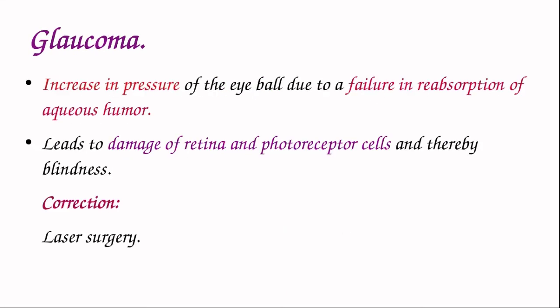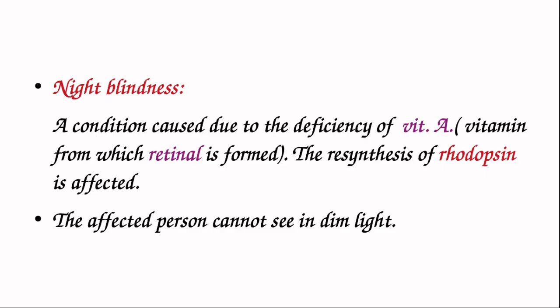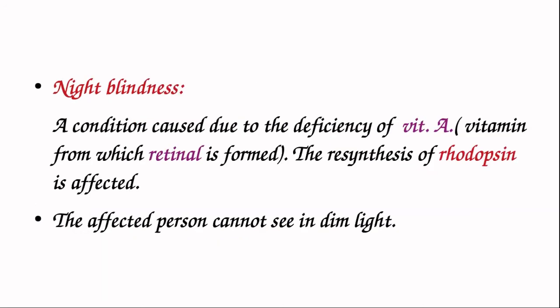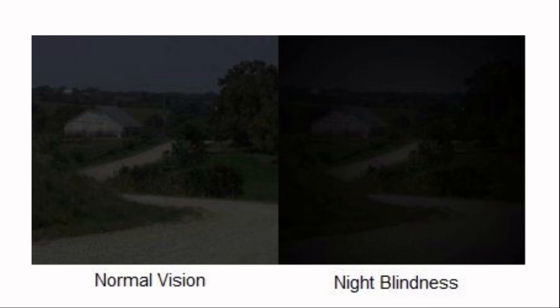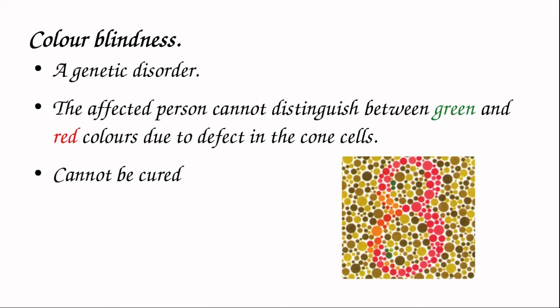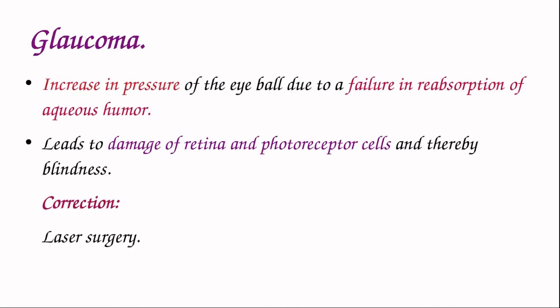Now, so these are the different eye diseases that you need to learn in this chapter. So you may have to mention myopia, hypermetropia or hyperopia, presbyopia, astigmatism, night blindness, its cause, its correction, then xerophthalmia, its cause, then color blindness, how does it affect a person, and what is the symptom of that, and glaucoma, what is the reason for that, and how can you correct it.